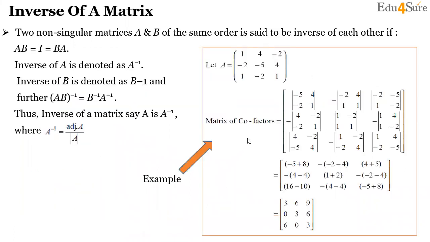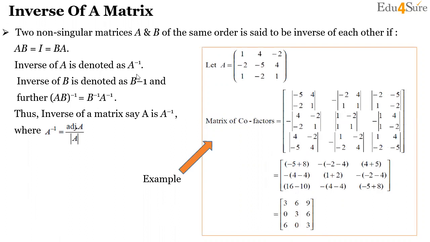So now what you require is to find the transpose of the cofactor and then divide it by the determinant, and you will get the inverse of the matrix. For example, this is your cofactor. Once you get this cofactor, divide every element by the determinant of the matrix A, and you will get the inverse of that matrix.